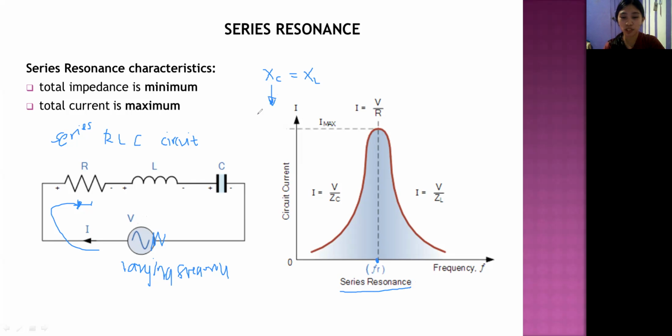The inductive reactance we can denote as omega L, and the capacitive reactance as 1 over omega C. Here in the graph, it is a frequency versus current graph.